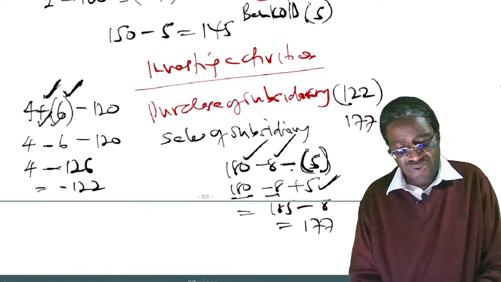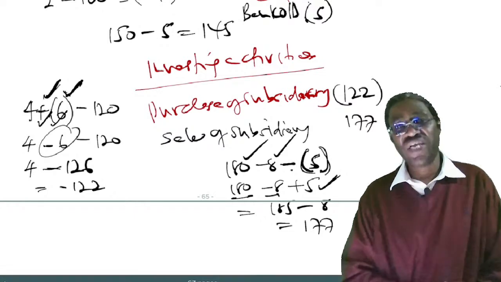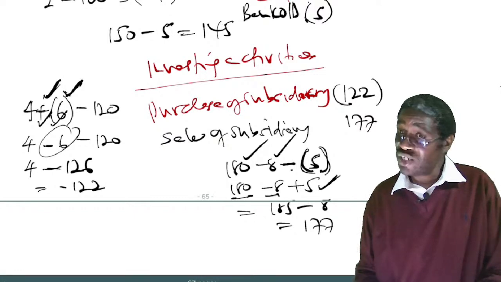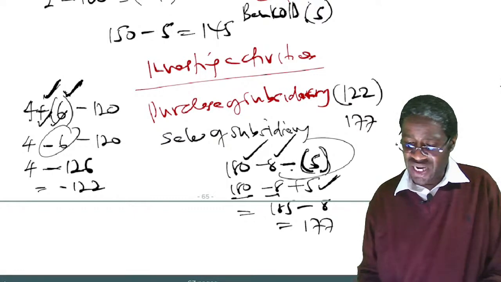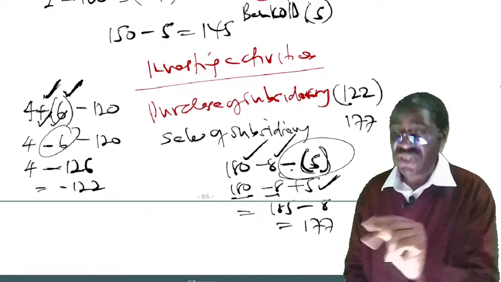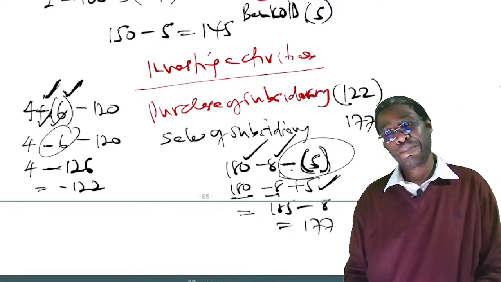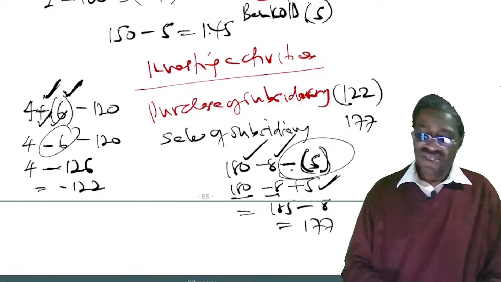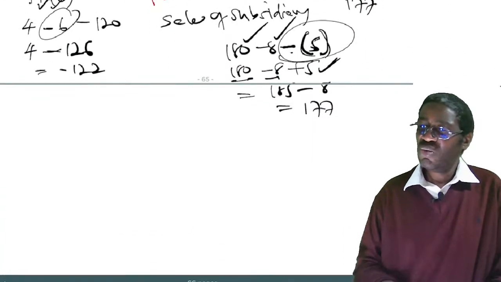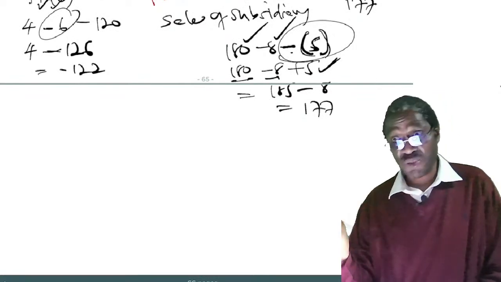So a positive and a negative became a negative, effectively. Here, when I'm trying to open a bracket, I realize a negative and a negative becomes a positive. Good. So that's how we deal with the cash of the subsidiary.